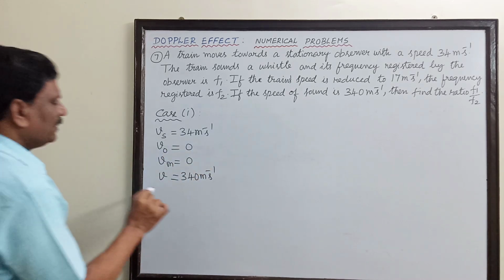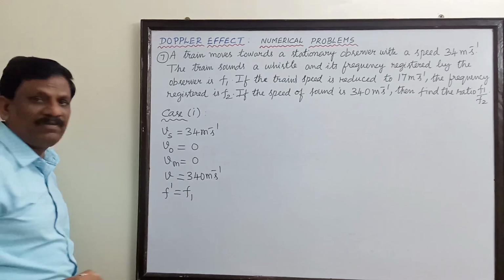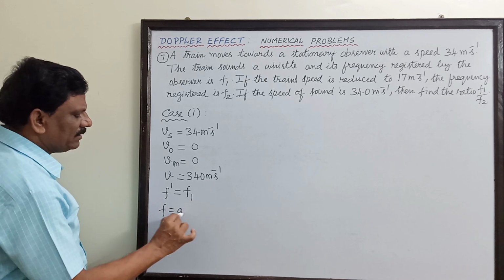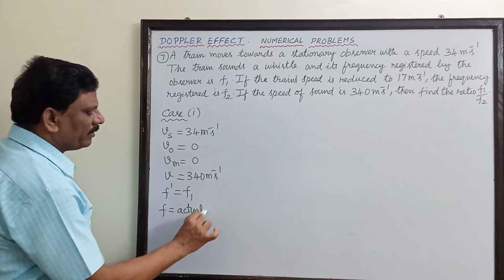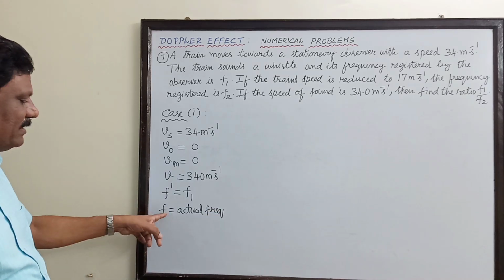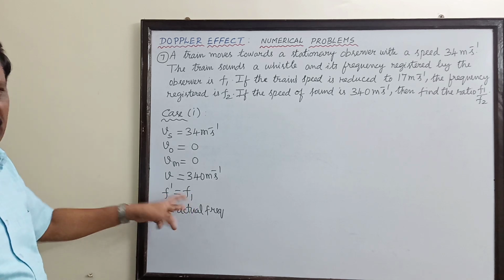In this case, the apparent frequency F dash is taken to be F1, where F is the actual frequency of the whistle, which we don't know.